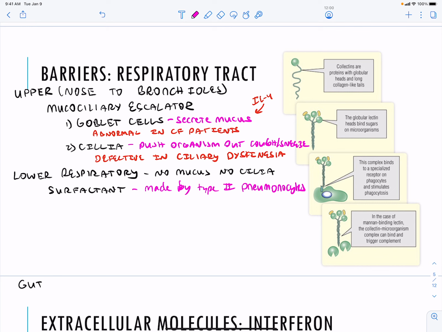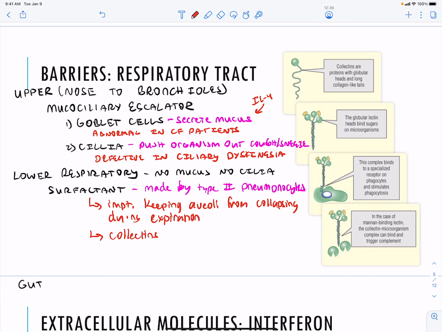But surfactant also contains collectins. So let me write this here. Surfactants are important for keeping your alveoli from collapsing during exhalation. And they have collectins.